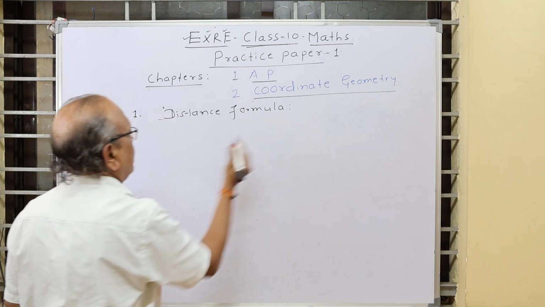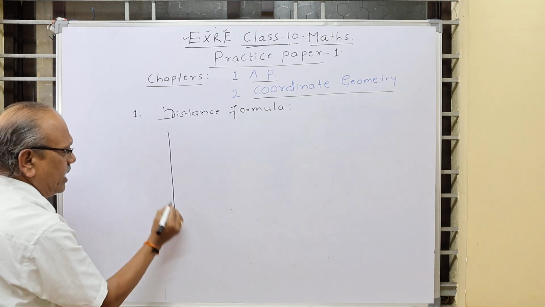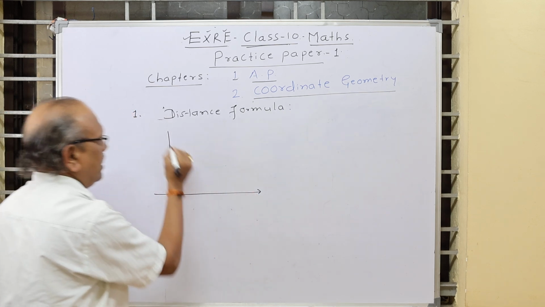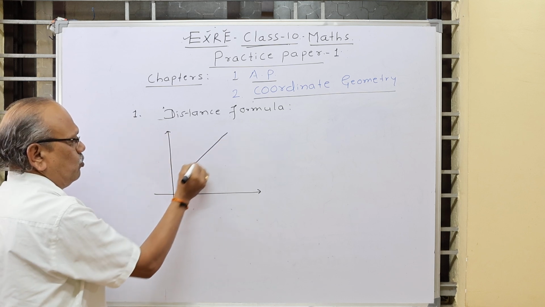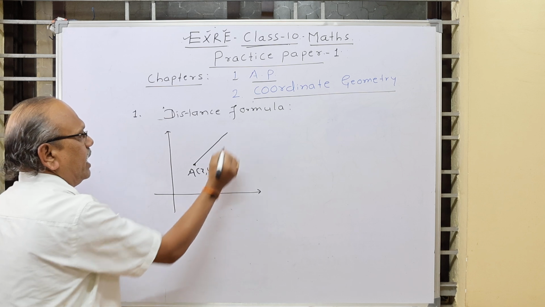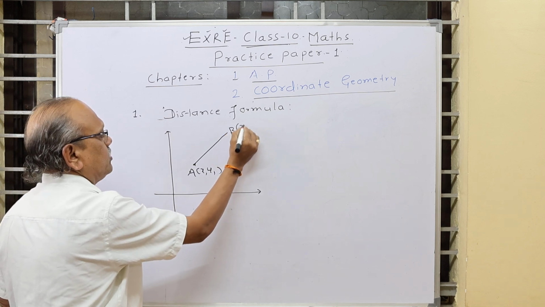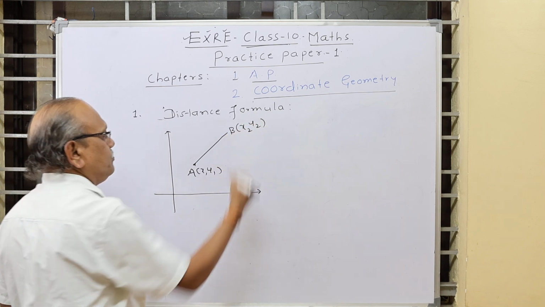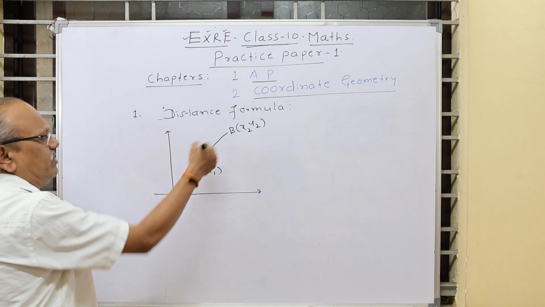Suppose that in a Cartesian plane, the line joins two points given by A (x1, y1) and B (x2, y2). What is the distance of AB?